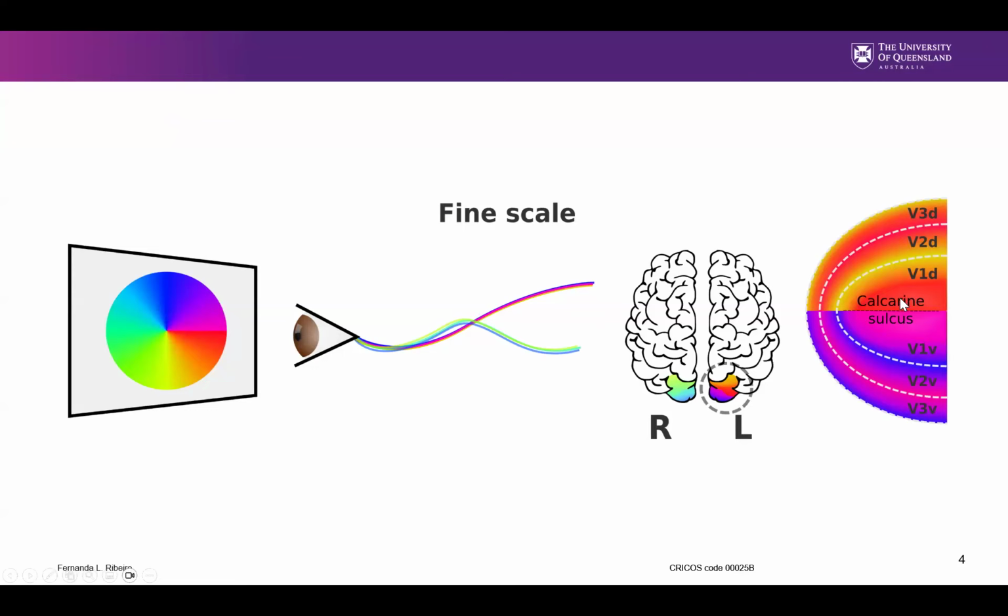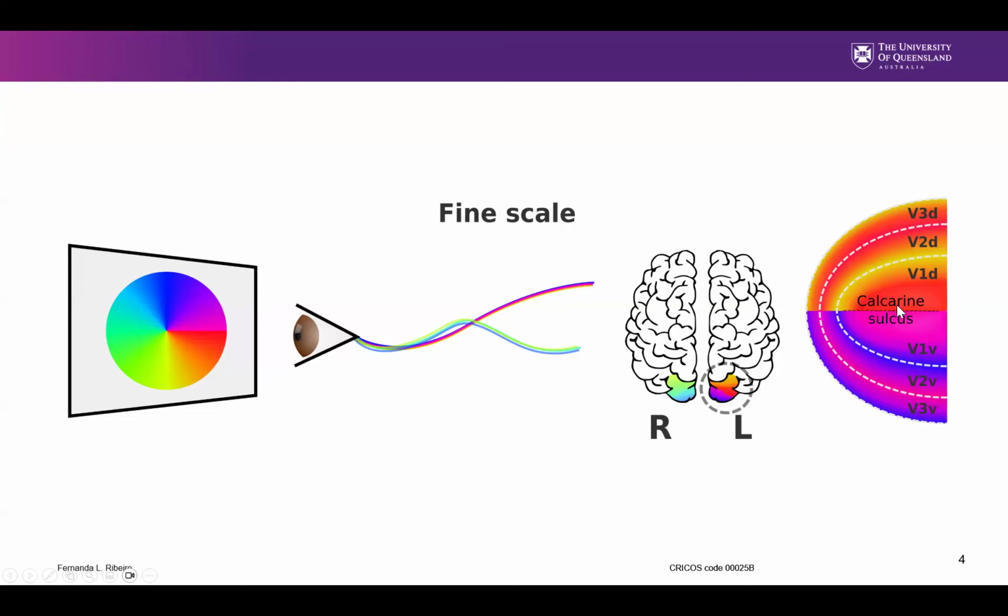And one key characteristic of these maps is that you see multiple polar angle reversals, just like Noah said previously. And just to clarify this, we can look at the dorsal portion of early visual areas, for example. Along the calcarine sulcus, we have the representation of the angle 360 degrees, like here.